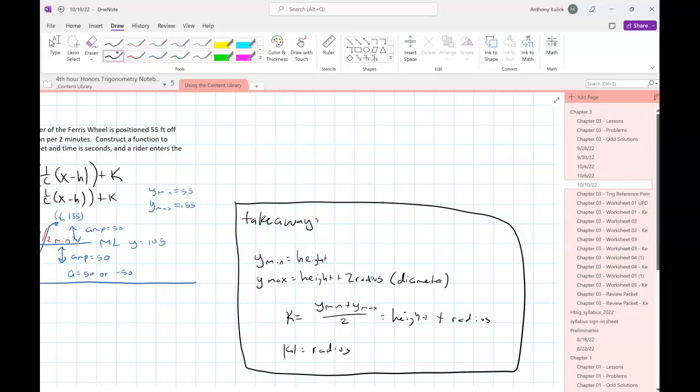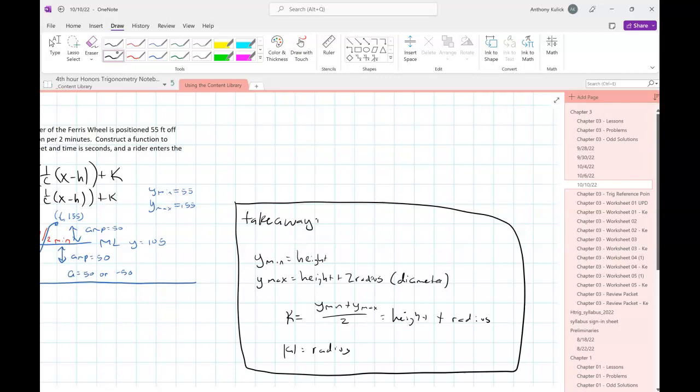So that's what we've come up with so far, right? That the A is going to relate to the radius, the K is going to be the height plus the radius, or you could think about using the y min and y max formula. It's fine, still going to be doing the same thing. So far, so good?